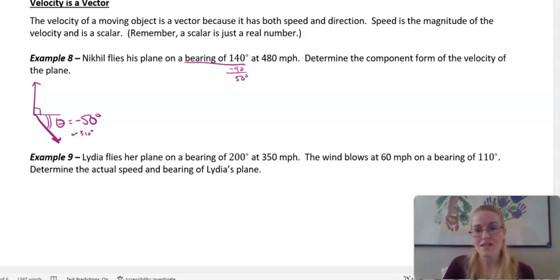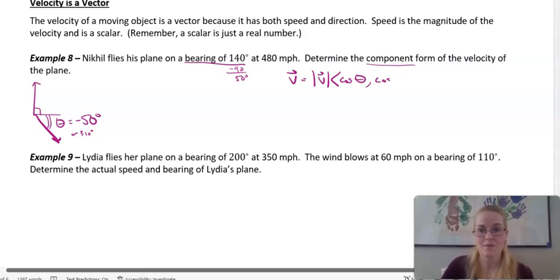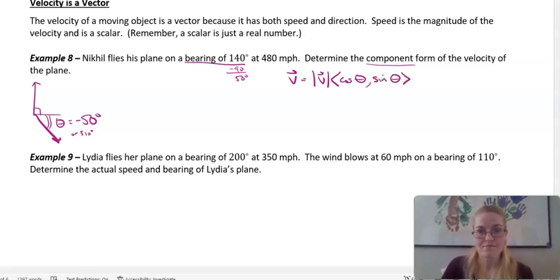But since all I want is the component form of my velocity vector, my vector v is the magnitude of v times cosine of its direction angle, sine of its direction angle. And so for Nikhil, 480 is the velocity.